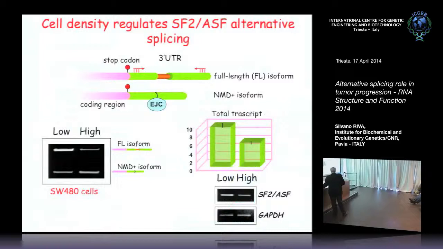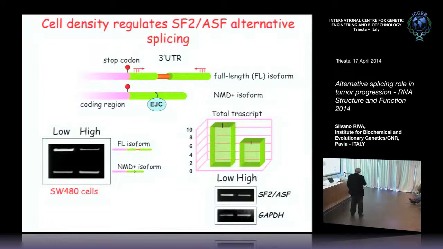And this is very interesting, because we discovered that, you remember the model of EMT, cell density, growth, high density. Cell density by itself regulates the alternative splicing of SF2.